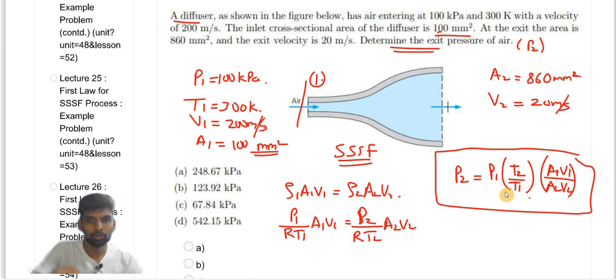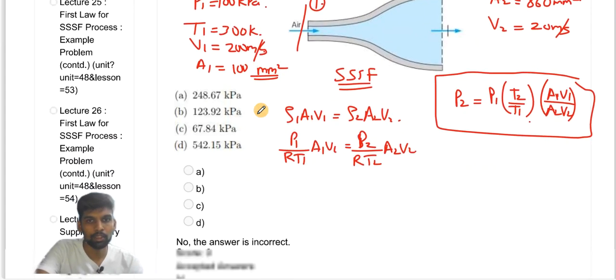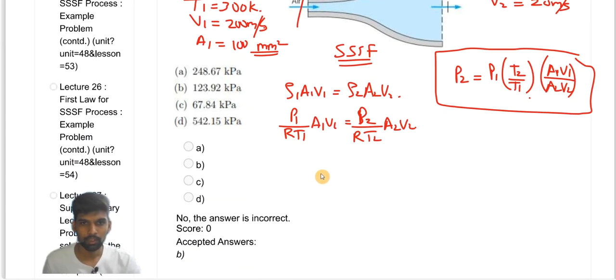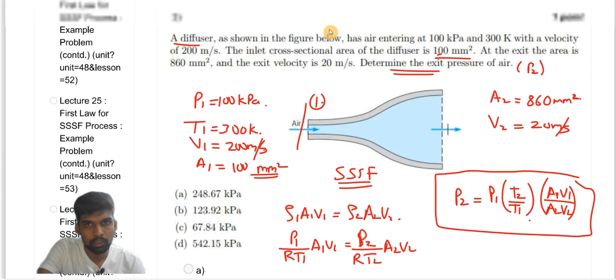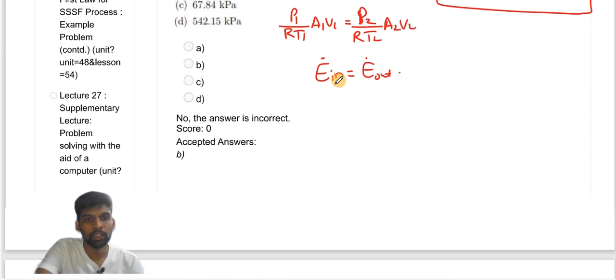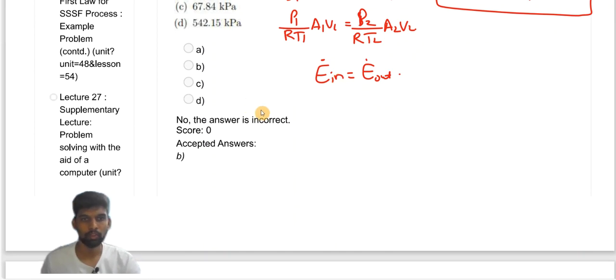So we will use our second equation, that is the energy balance equation, E dot in is equal to E dot out for steady state steady flow process. Did they mention anything about heat? Nothing is mentioned about heat transfer as well as work transfer, so we will assume both heat transfer as well as work transfer are 0.